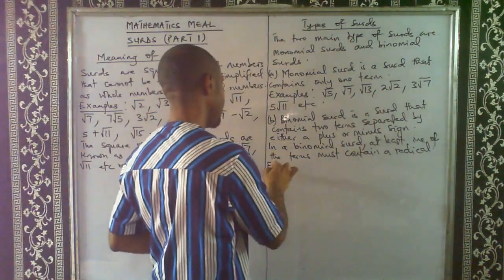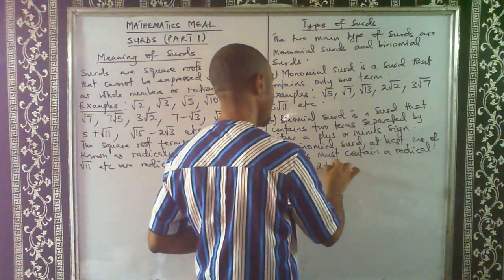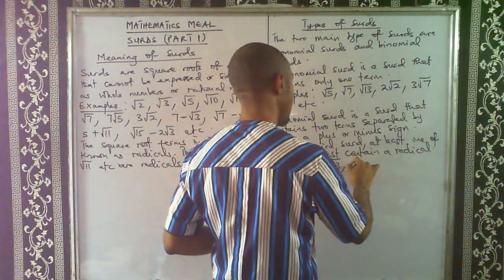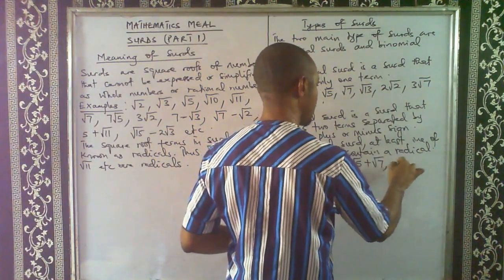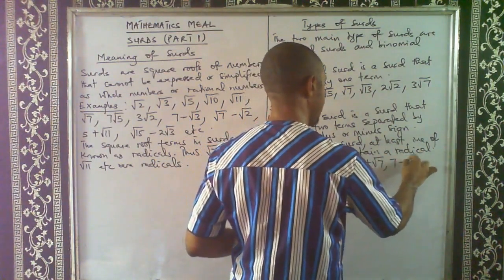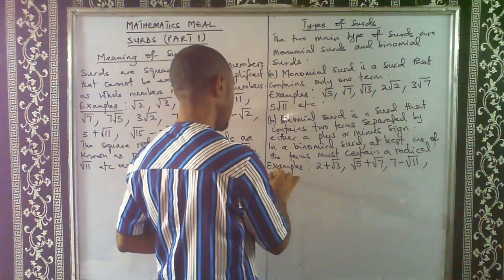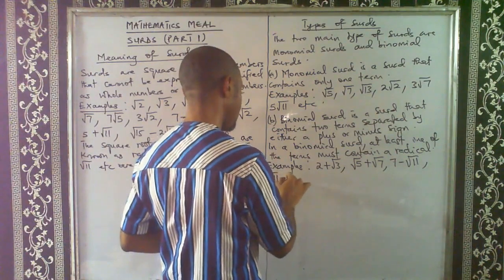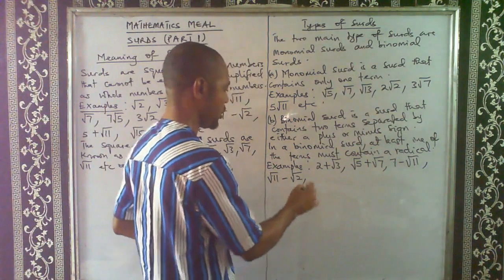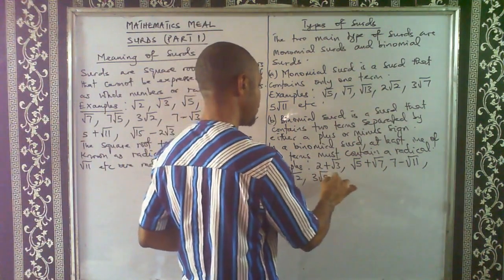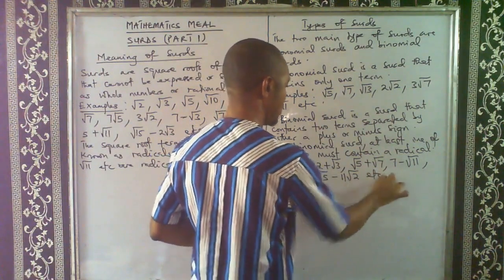So examples, we have 2 plus root 3, we have root 5 plus root 7, we have 7 minus root 11, we have root 11 minus root 2. All these are what? Are binomial surds. We can have 3 root 5 minus 11 root 2, etc.